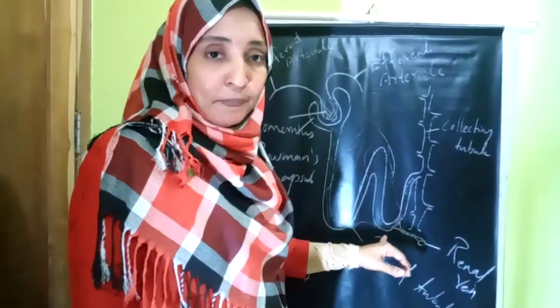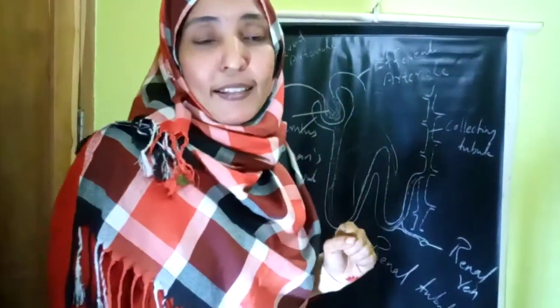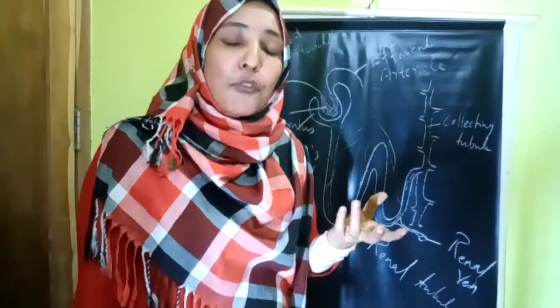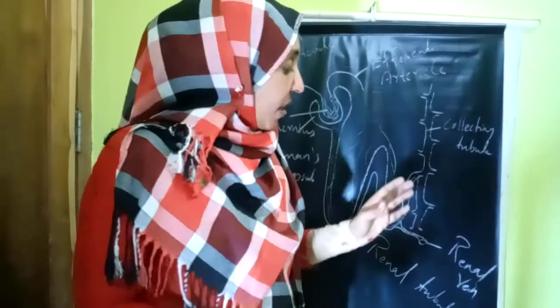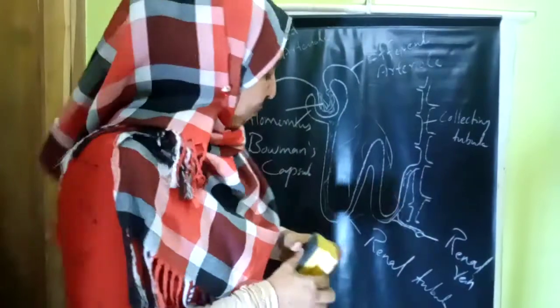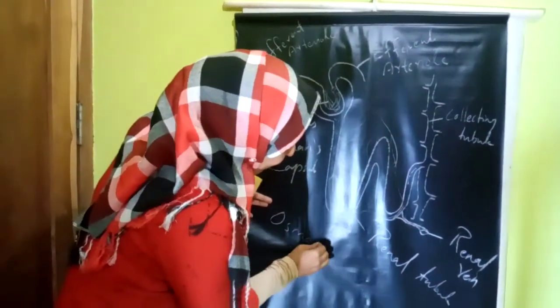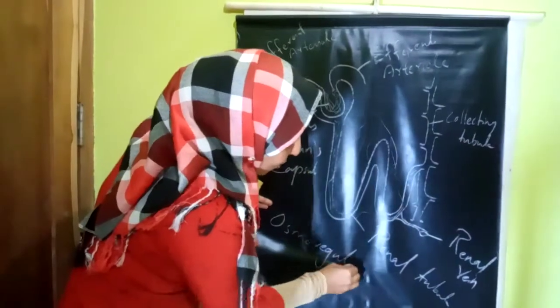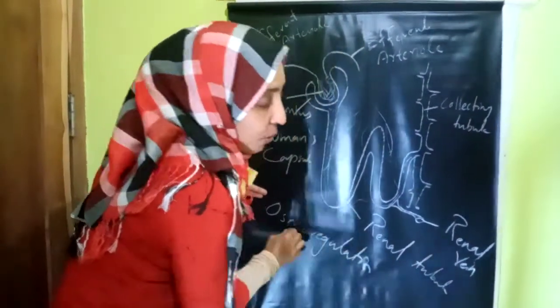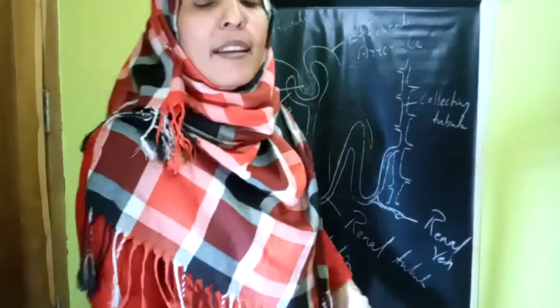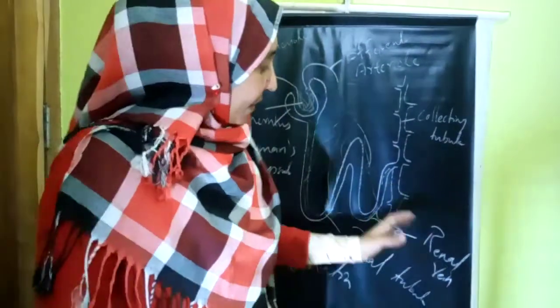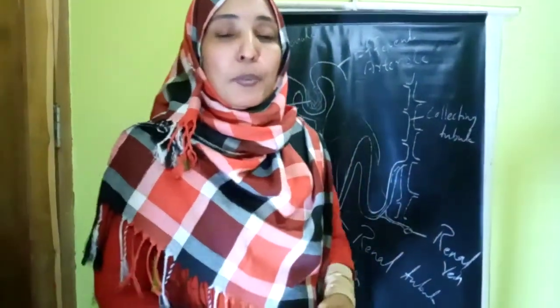After this, what is the main role of the kidney? Purification of blood. At the same time, one more role, or duty, of the kidney is osmoregulation. Osmoregulation means the regulation of water and ionic balance in our body. Here it happens at the time of tubular reabsorption.